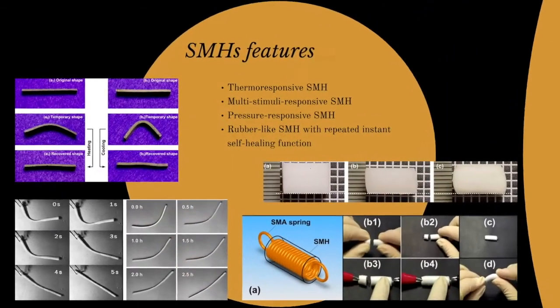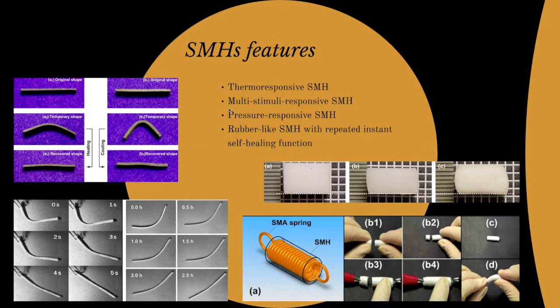So some features here: this is a thermo-responsive shape memory hybrid, this is the original shape. This is the multi-stimuli responsive shape memory hybrid, and then this is quite interesting.